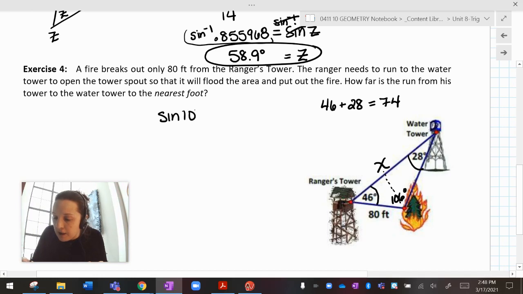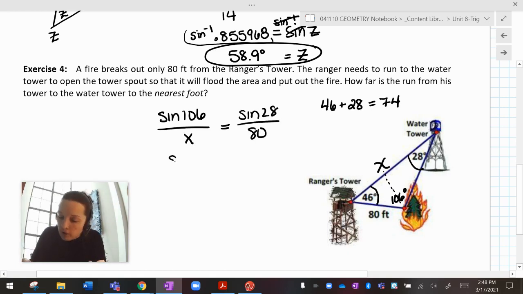So the sine of an angle over its opposite side equals the sine of another angle over its opposite side. Cross multiply.